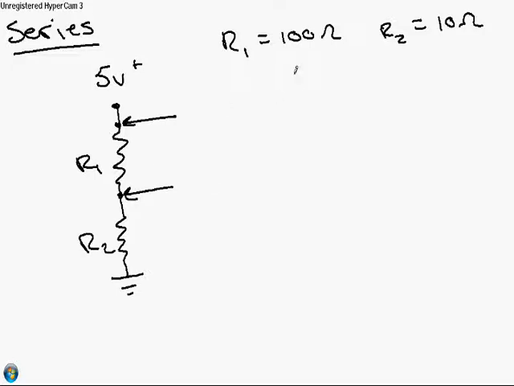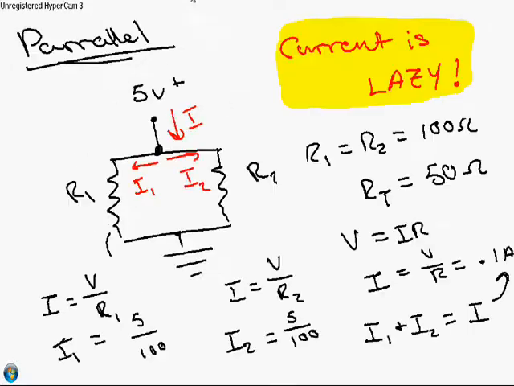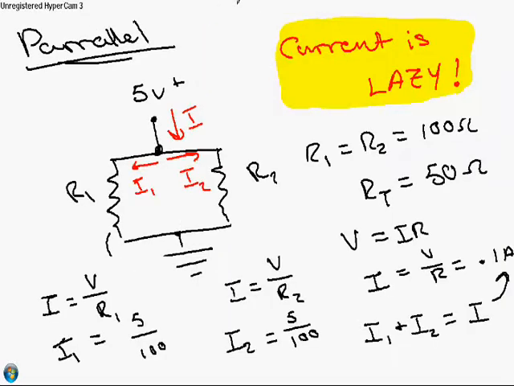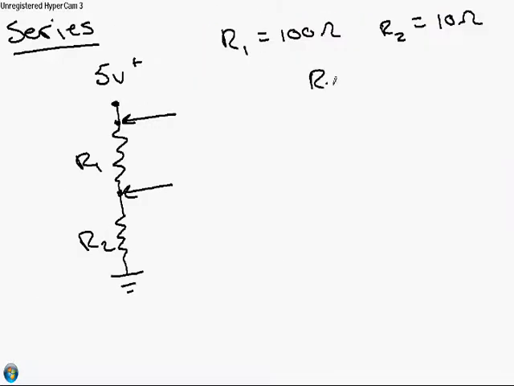Now, if we look at R1, if we go back to the total, here it is, total resistance. If we add these two things together, we get 110 ohms. So this entire thing is the same as a 110 ohm resistor. So if we go back to I equals, I'm going to draw current. Now, I said current stays the same throughout the circuit.